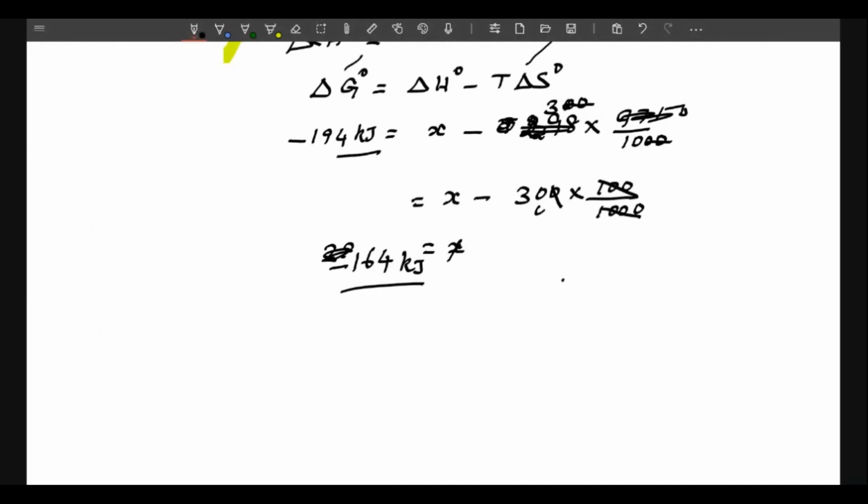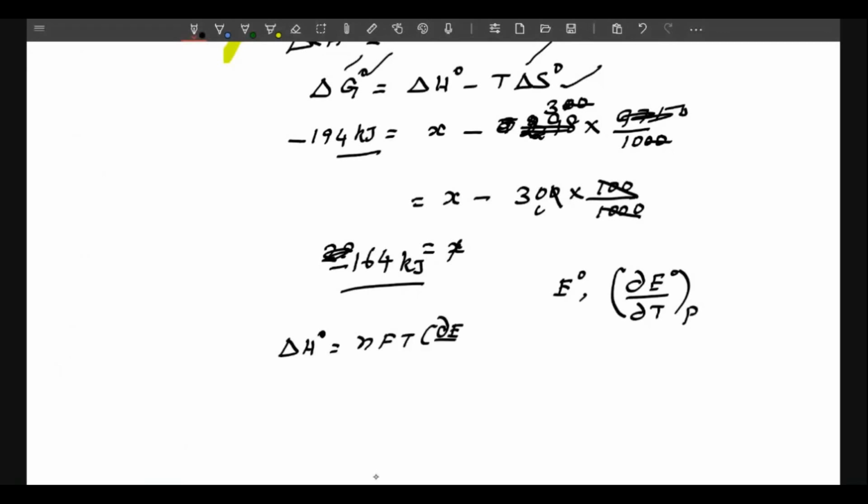Suppose you are given E naught and the temperature coefficient of the voltage, dou E by dou T. You would first calculate delta G, then delta S, then delta H. Instead of going like this, directly apply the equation: delta H is equal to NFT into dou E by dou T minus NF E naught.